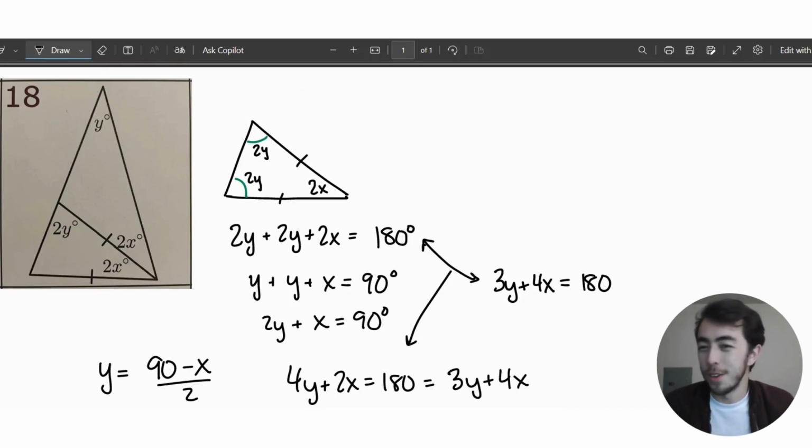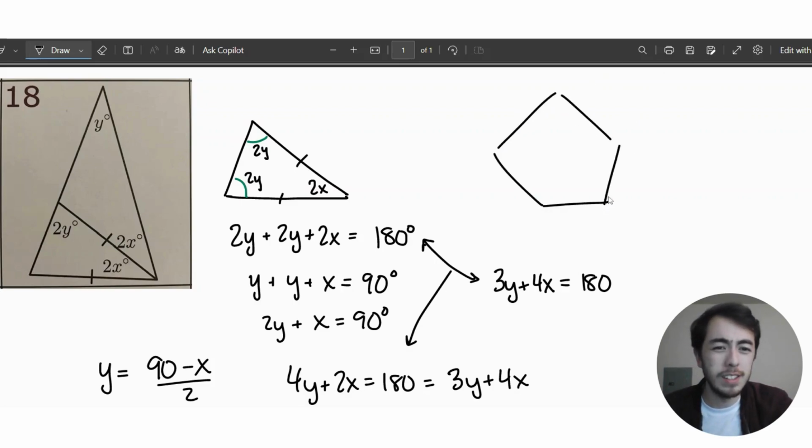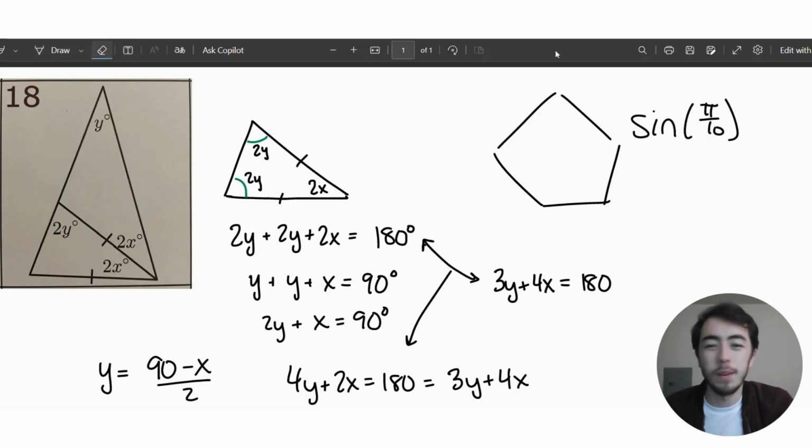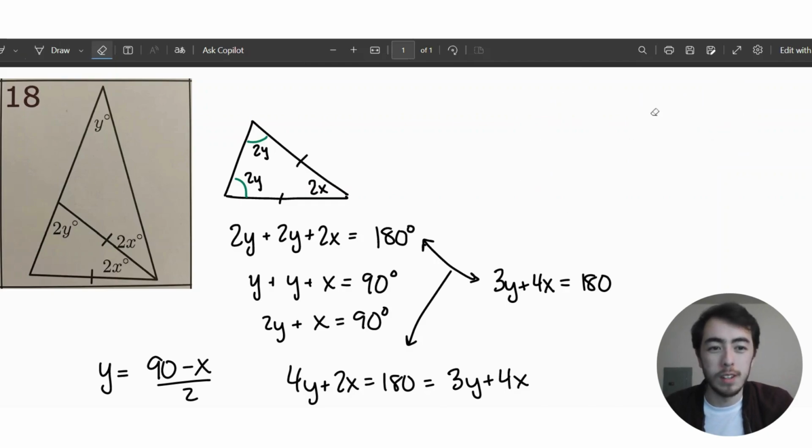One thing I noticed from the start, this triangle actually showed up in our January 20th problem, where I was trying to figure out stuff about, I think it was pentagons or something like that. It was like sine of pi over 10. And trying to find more information about this pi over 10 angle measurement made me come across this triangle.